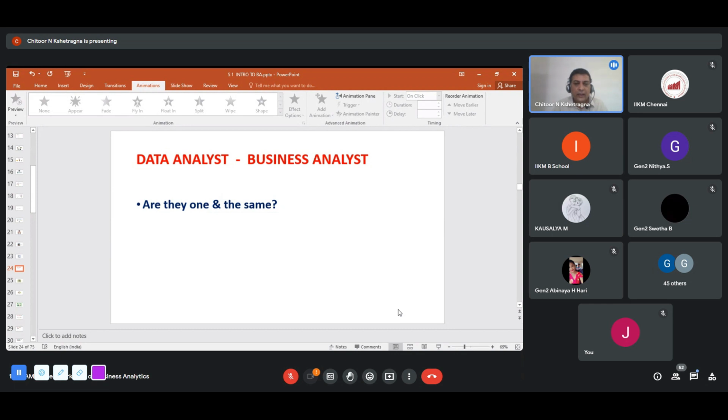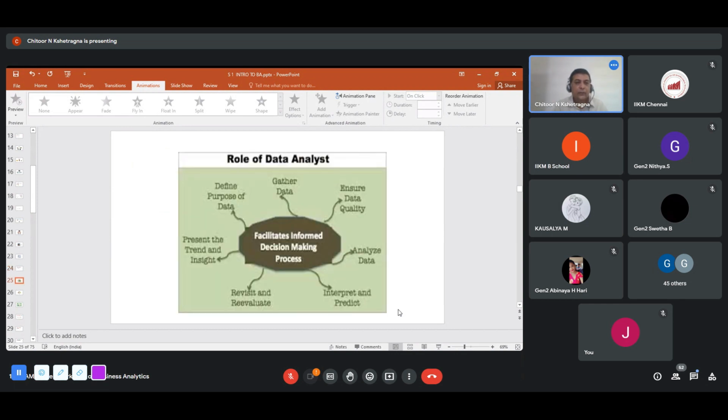So who's a data analyst? The name itself tells, a data analyst is playing with data, right? So what a data analyst does is he gathers data. You do a market research, you have a research methodology, you have a questionnaire, you gather a lot of data, and then you check that the data is of good quality.